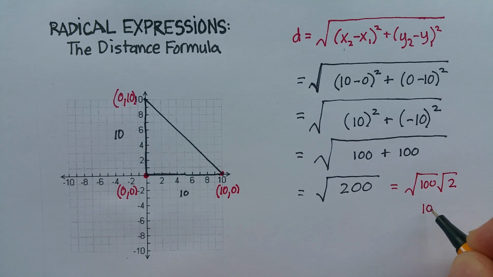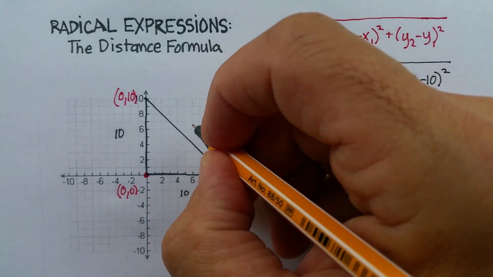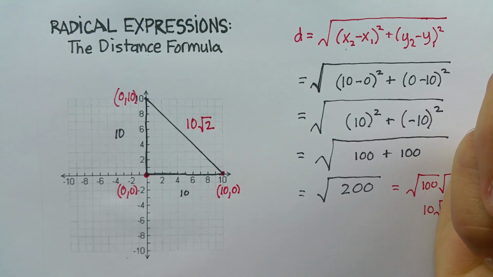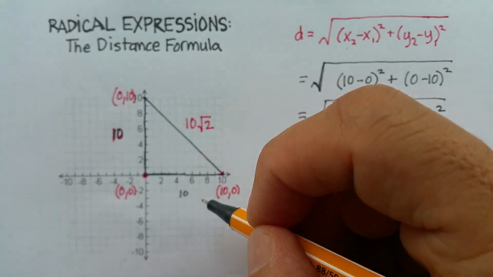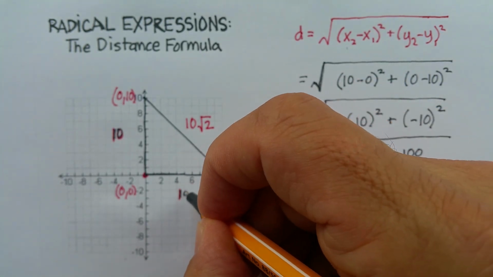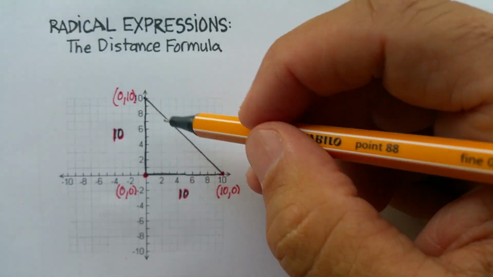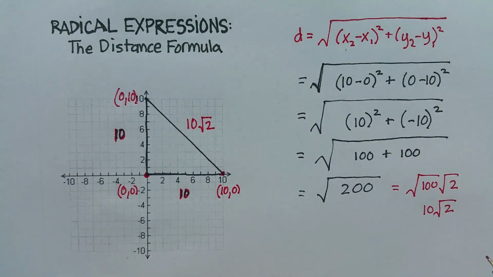Square root of 100 is 10. 2 stays the way it is. So that distance then would be 10 radical 2. So we knew that this side of the triangle is 10, this side of the triangle is 10, and this long side is 10 radical 2.